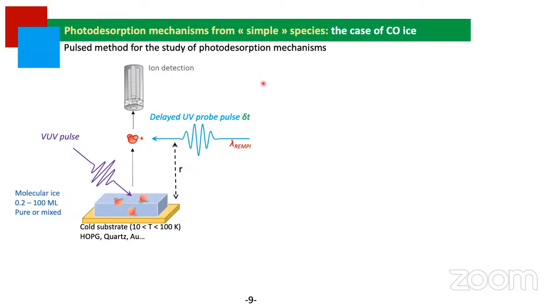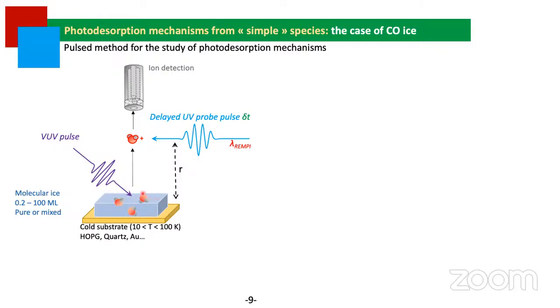So we do so. In fact, what we will do, we will use a laser-based technique. Why will we use lasers? Because we will take advantage of the fact that we can do time-resolved measurements. So the idea is to shine a VUV laser pulse, the energy of which we can control or more or less control, and send it to the ice.